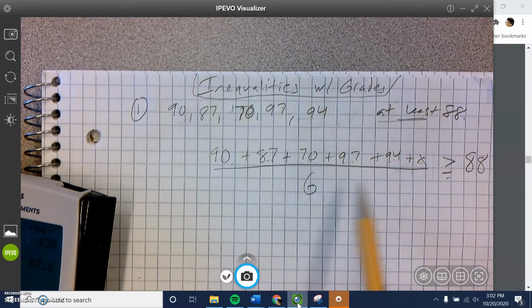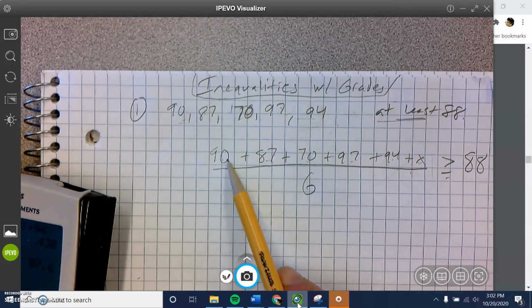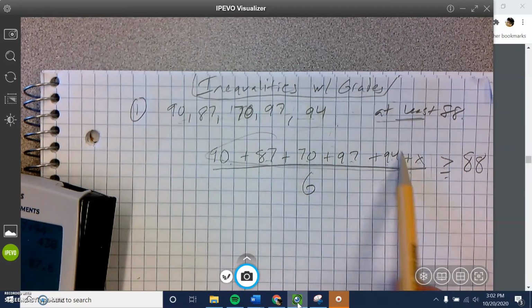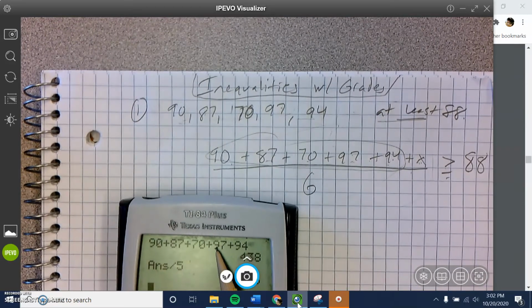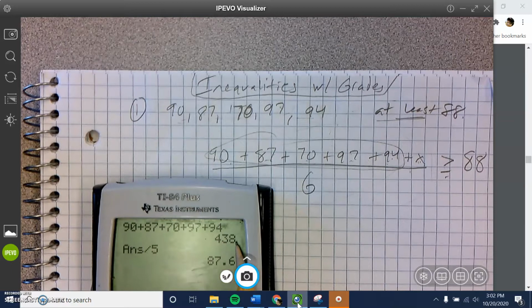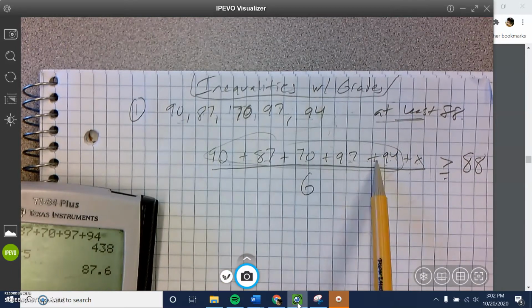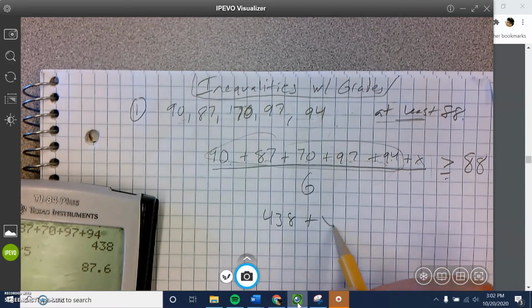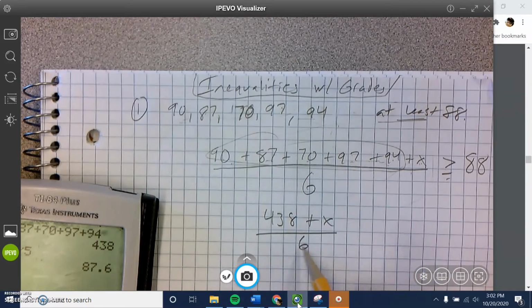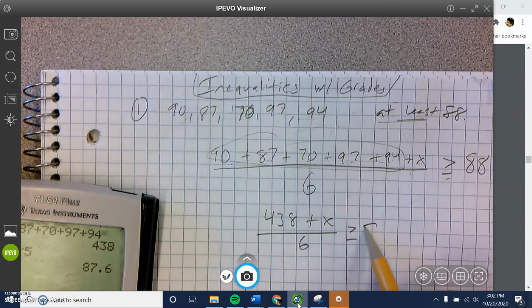There's a number of things we can do. One of the things we can do is just add up all these first. 90 plus 87 plus 70 plus 97 plus 94 was 438. So 438 plus X divided by 6 is greater than or equal to 88.